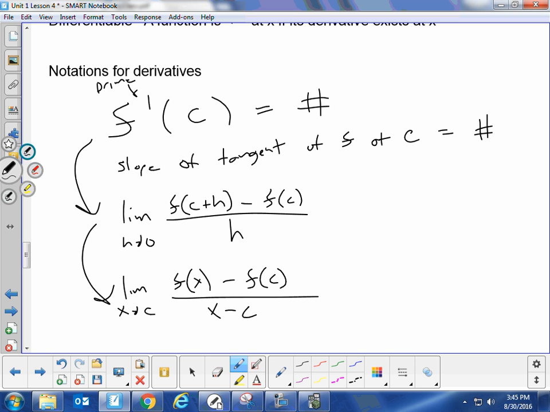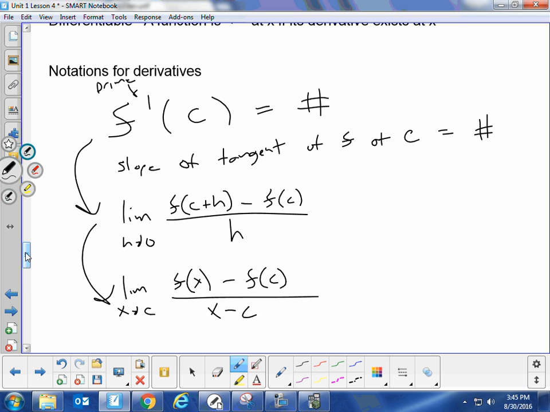All three of these are the same. F prime is the same as that. It's all, what is the slope of the tangent of the function at this location, which is this location in this formula. All the same.